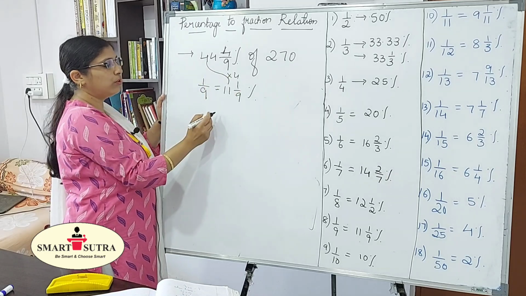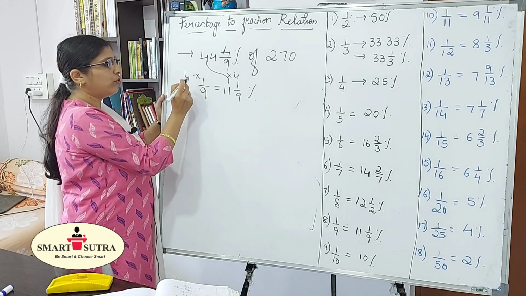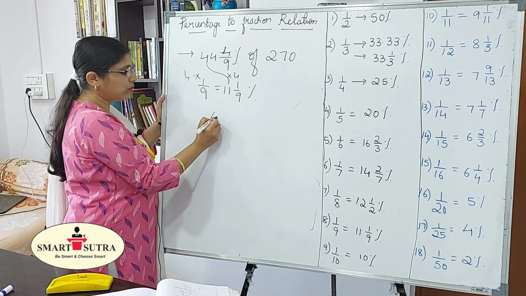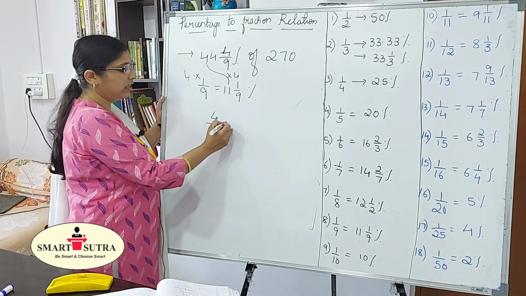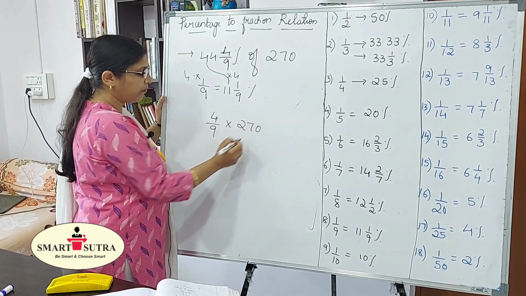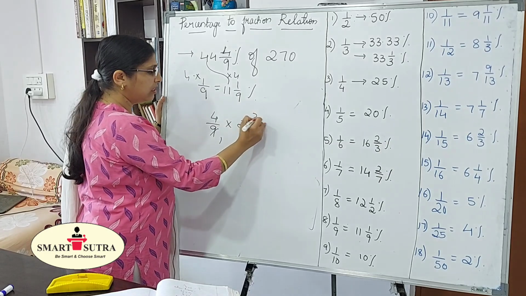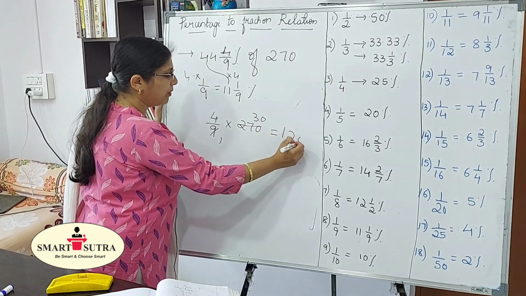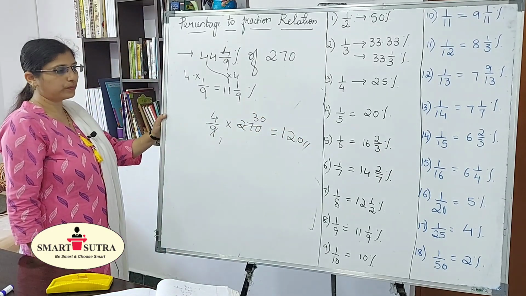Into 4, if you do, isn't it? So that into 4 you have to do with the fraction part also. So directly you can say it is 4 by 9 into 270. 9 ones are 9, 30s are 270. So the answer will be 120.